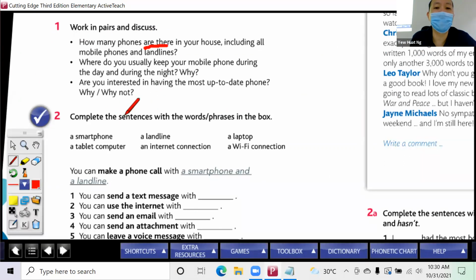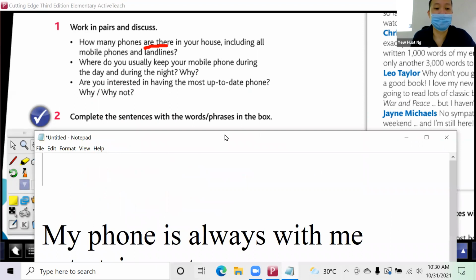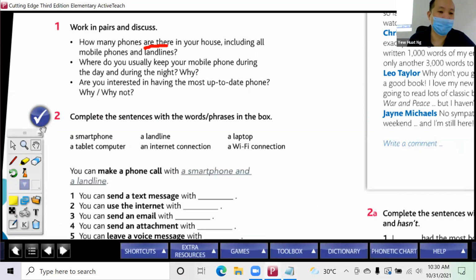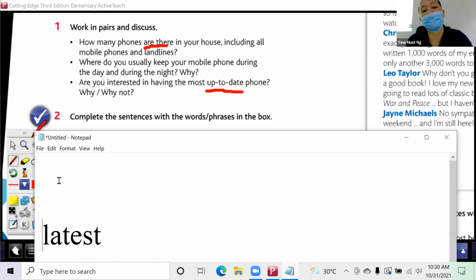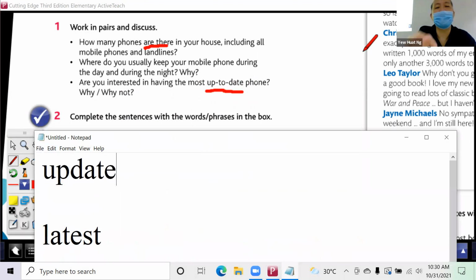Are you interested in having the most up-to-date phone? Why or why not? Correct. Latest. Let's talk about up-to-date. Do you know the word update? What is update?